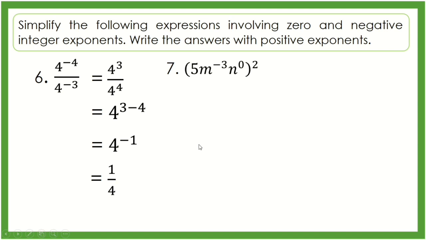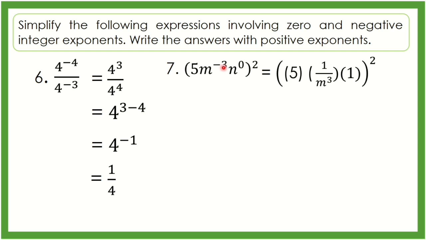Number 7, the quantity of 5m raised to negative 3 n raised to 0 squared. Okay, so, kunin natin yung reciprocal nitong m. So, copy natin yung 5. Ang reciprocal ng m is 1 over m.